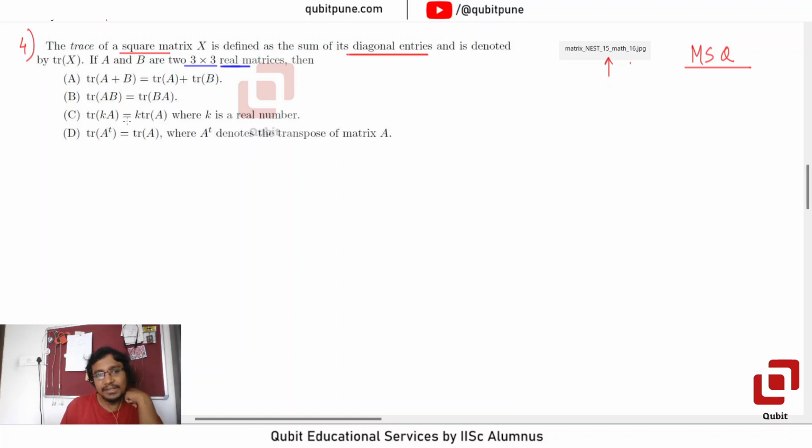Trace of KA is equal to K into trace of A, where K is a real number. Trace of A transpose is equal to trace of A, where A transpose denotes the transpose of matrix A.